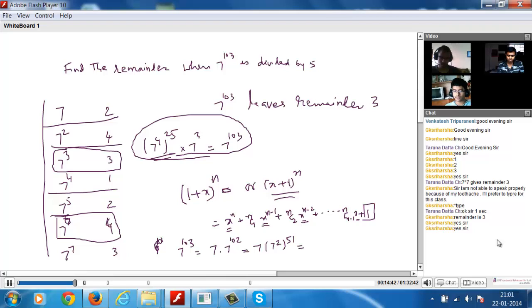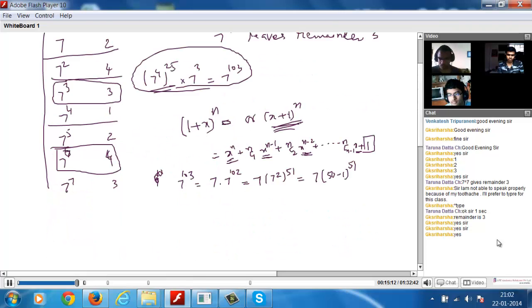The best thing we can do is write 7 power 103 as 7 into 7 power 102, which is 7 into 7 square power 51, because 7 square is going to give me a number close to a multiple of 5. Now in this expansion, what's going to happen?